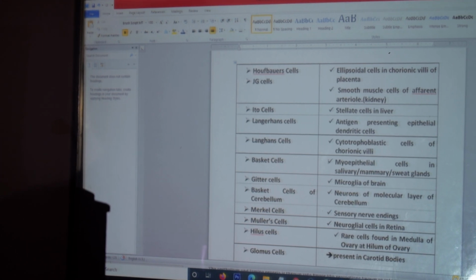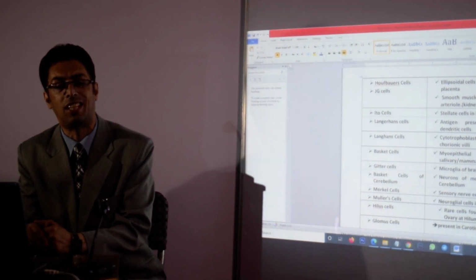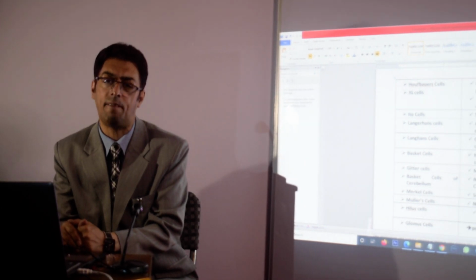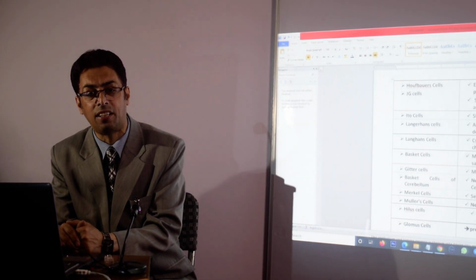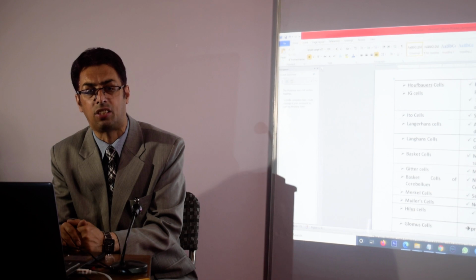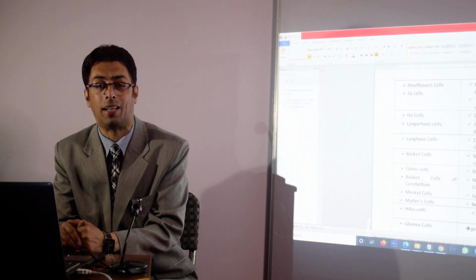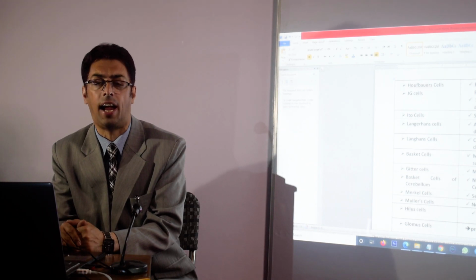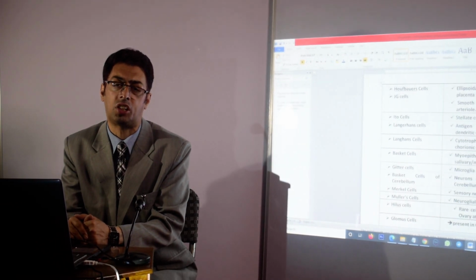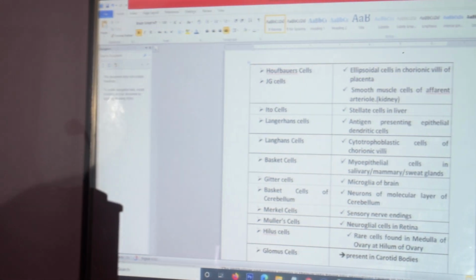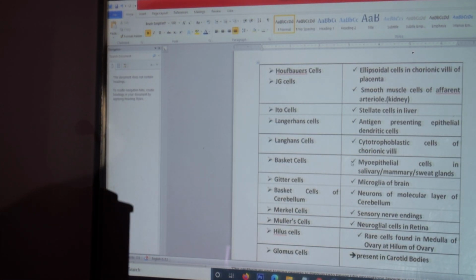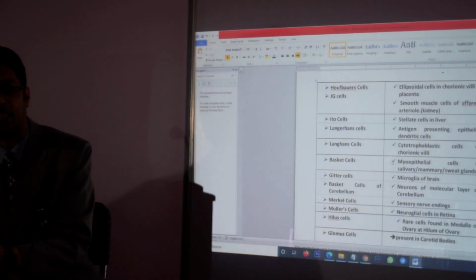The Langerhans cells are the antigen presenting cells in the skin, and you have to differentiate between Langerhans cells and Langhans cells. Langhans cells are present in the chorionic villi, but the Langerhans cells are the antigen presenting cells of the skin. Very important.